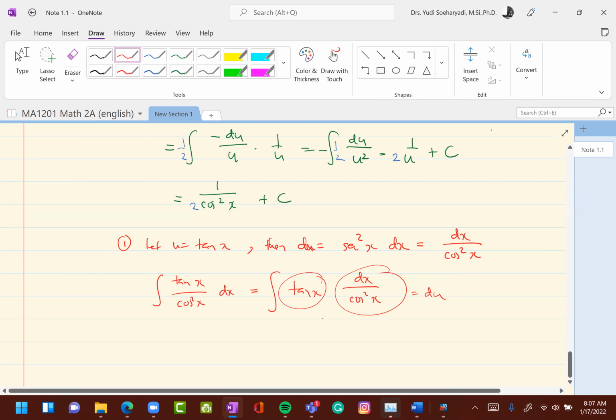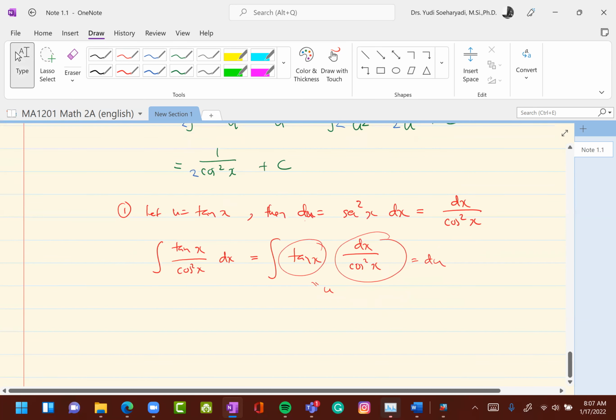This is our u. So you get just the integral of u. Then this gives you 1/2 u squared plus c. So you get 1/2 tangent square plus c.